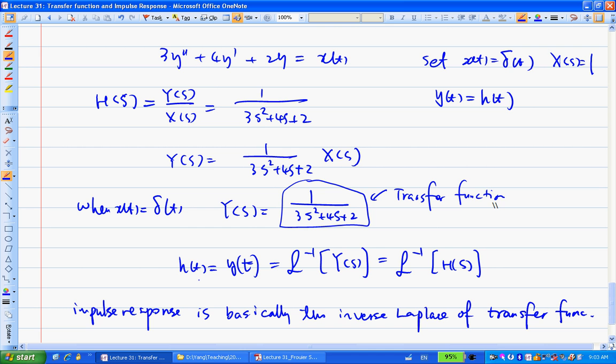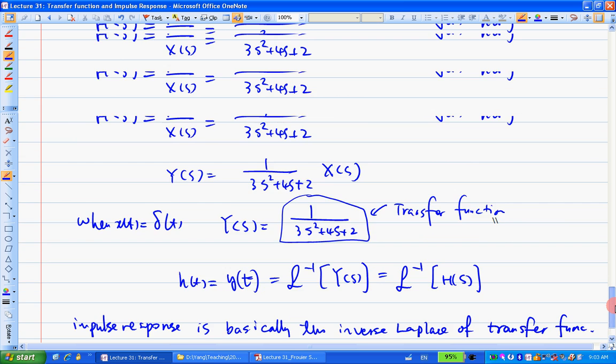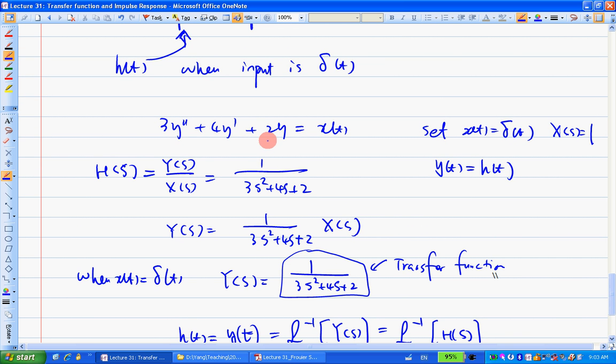Okay. So let's see, for example, for this guy here, what is the impulse response of this system? First step, here is the transfer function. So what's the impulse response?